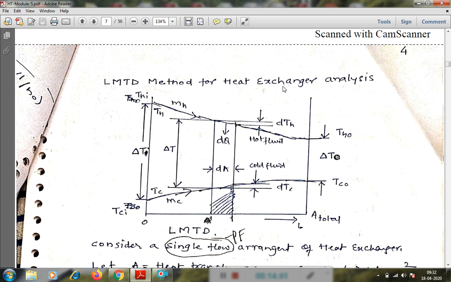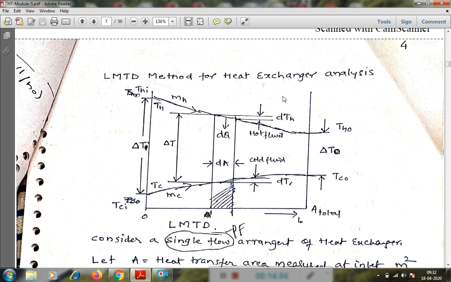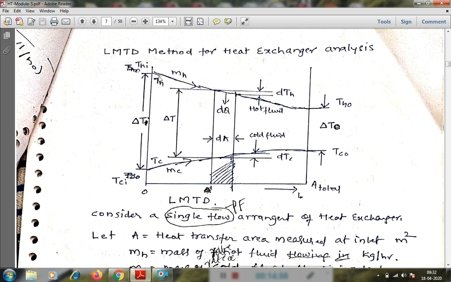Here the analysis is carried out for the parallel flow heat exchanger as well as for the counter flow heat exchanger. Now I will take the LMTD analysis of the parallel flow heat exchanger. Here we will consider the parallel flow heat exchanger, and the temperature profile for the parallel flow heat exchanger is this one.